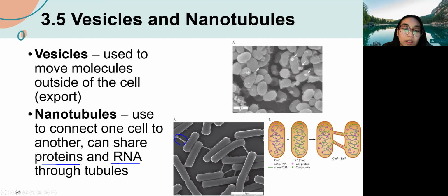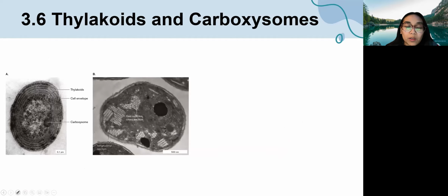They can literally share different types of resources with each other. That's something that you don't think about when you think of bacteria, because you always think of them as solo organisms that don't really do anything with each other. But here, you can see two bacteria that shared their proteins and RNA with each other. Very interesting. Okay, some bacteria have thylakoids and carboxysomes. I'm just going over random structures, right?